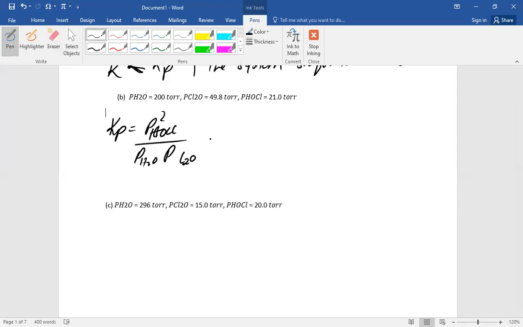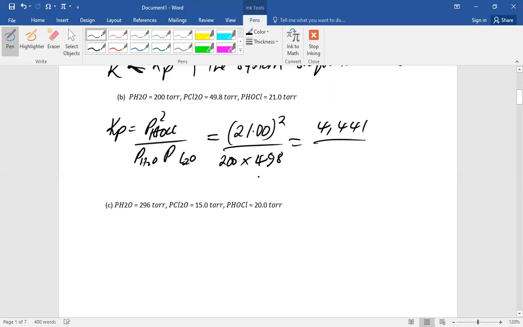So this is going to be 21.00 squared over 200 times 49.8, not 498. 21 squared is 441, and 200 times 49.8 is 9960.